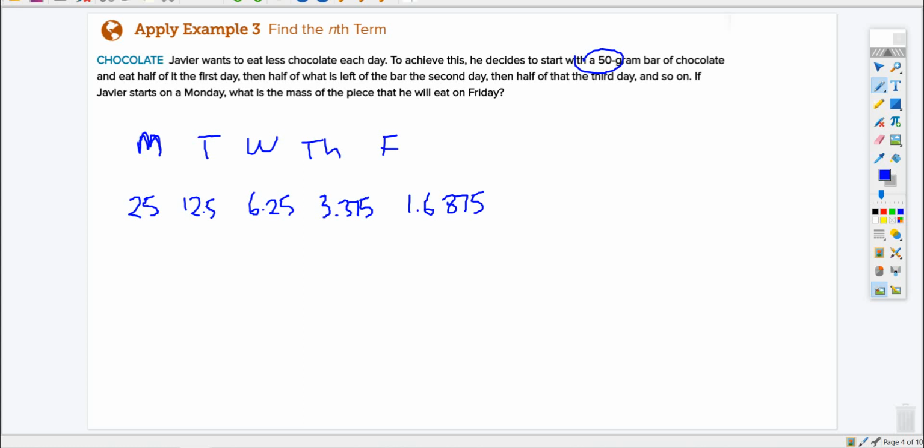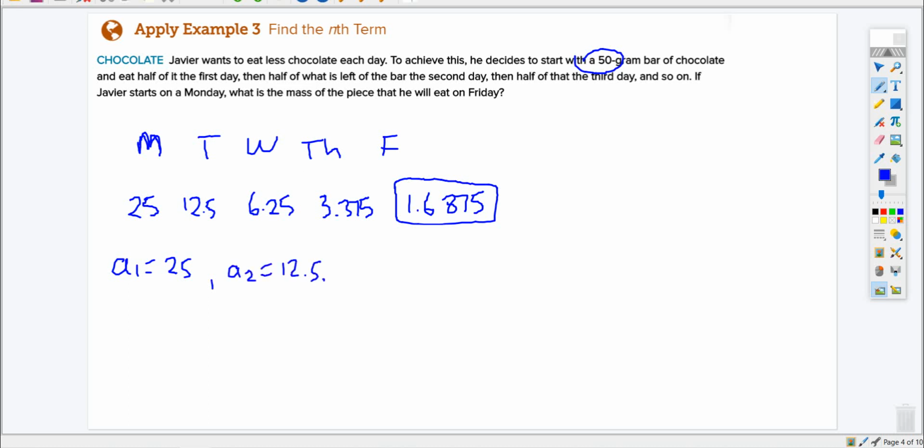Okay, so basically this will be our answer. He is eating this much. You see, you can find the answers of the sequence questions by just basic math, because these are word problems and real life applicable, so we can even handle them without doing that much math. But if you are going to use some technique, you can say a1 is 25, which stands for he eats 25 grams.